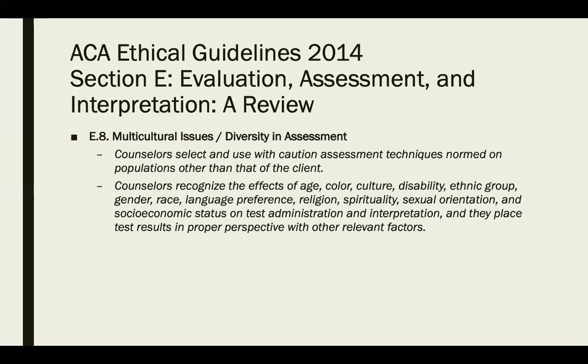And this was an issue of validity, because how could you examine the spirituality of Black males when using an instrument that was only normed on white people? So we need to be very mindful that the instruments and the assessment techniques that you use have been normed on not just one group but many groups.